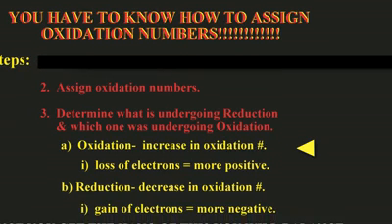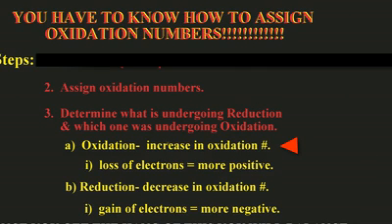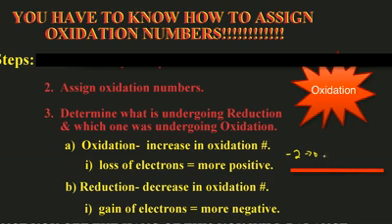If it increases an oxidation number, in other words, it's lost electrons, it's oxidation, and you will see it go more positive. So it'll go from a -2 to 0, that's oxidation, or +1 to a +4.